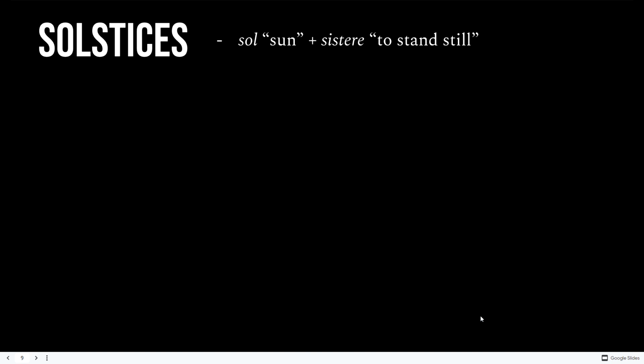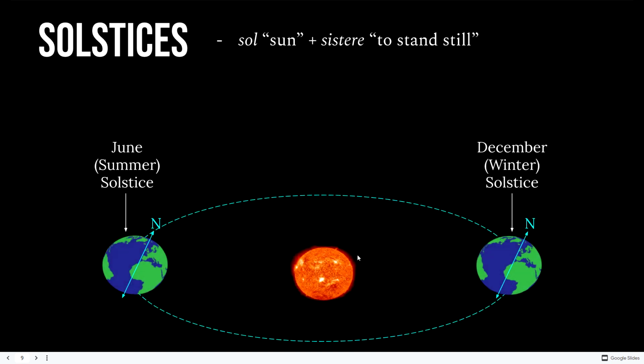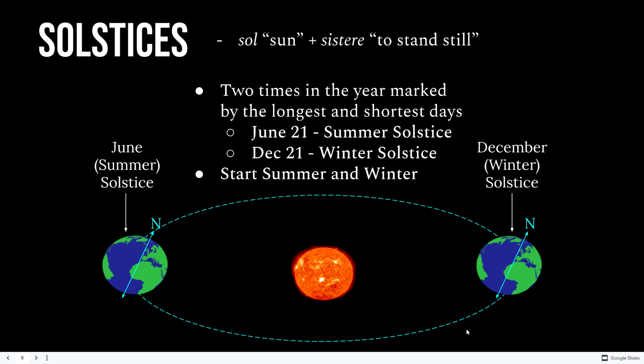Okay, so solstice. Sol means sun. Stice means to stand still. So solstice, you have longest and shortest day. It happens twice a year. Longest day is your summer solstice. Shortest day is your winter solstice.